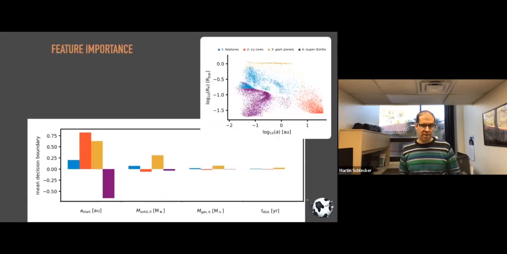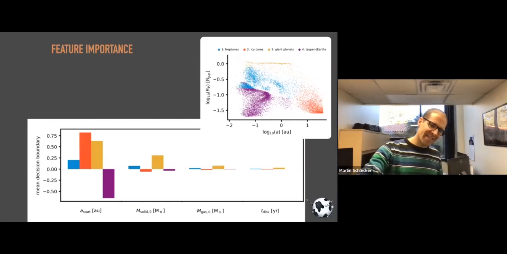And if we want to look at which parameter is actually responsible for the properties of a planet, so which initial conditions, which disk feature, we can look at something that in machine learning language is called feature importance. What it tells you is how important a feature is for a correct classification.